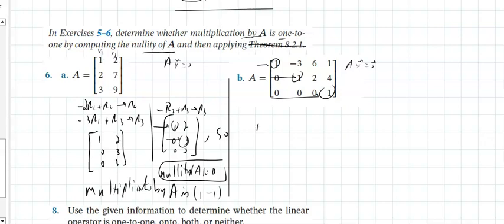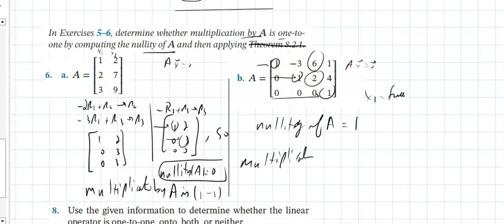Well, here, we know that the nullity of A is 1, right? 3 pivots, 4 variables. X3 is free. So we say multiplication by A is not one-to-one.